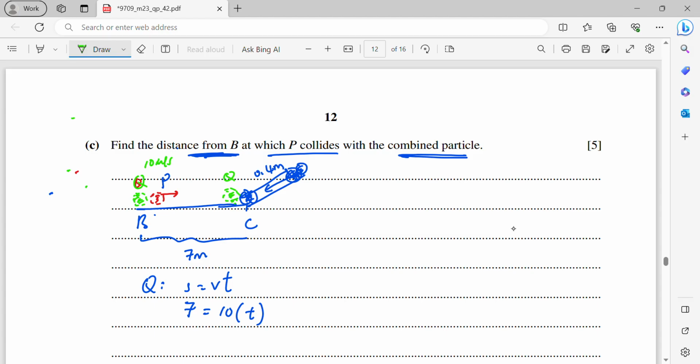This is the VQ. So the T is going to be 7 over 10, which is 0.7 seconds. So at 0.7 seconds, the Q already reaches C.